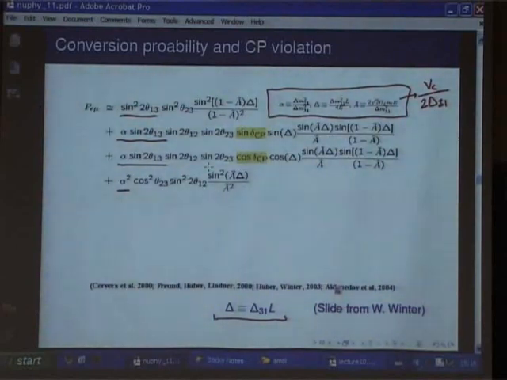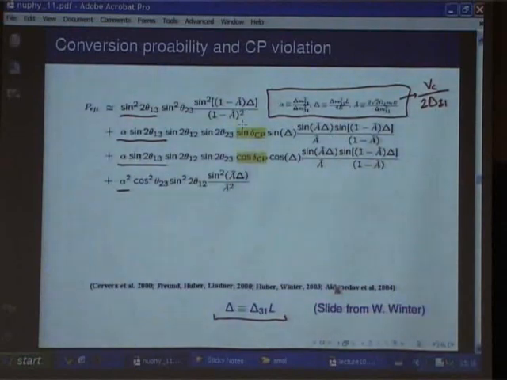Now let's look at the first term. The first term here is sine square of (1 minus a hat) delta divided by (1 minus a hat) whole square. This should make you think of something.